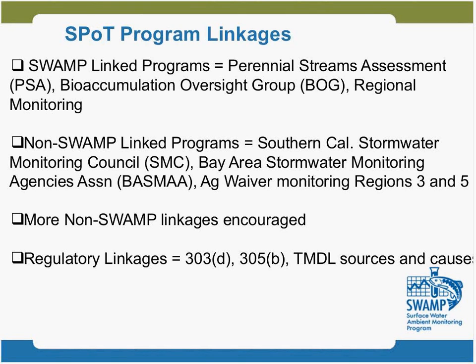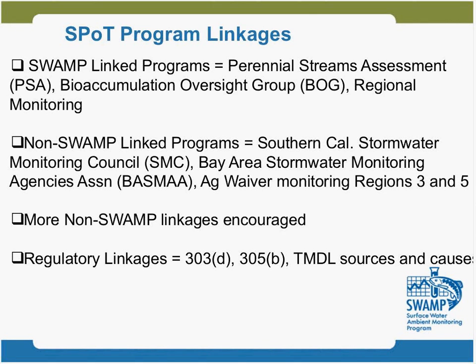And then in terms of other non-SWAMP linked programs, we have some overlap in site selection with the Southern California Stormwater Monitoring Council, and with the Bay Area, the various stormwater monitoring agencies.